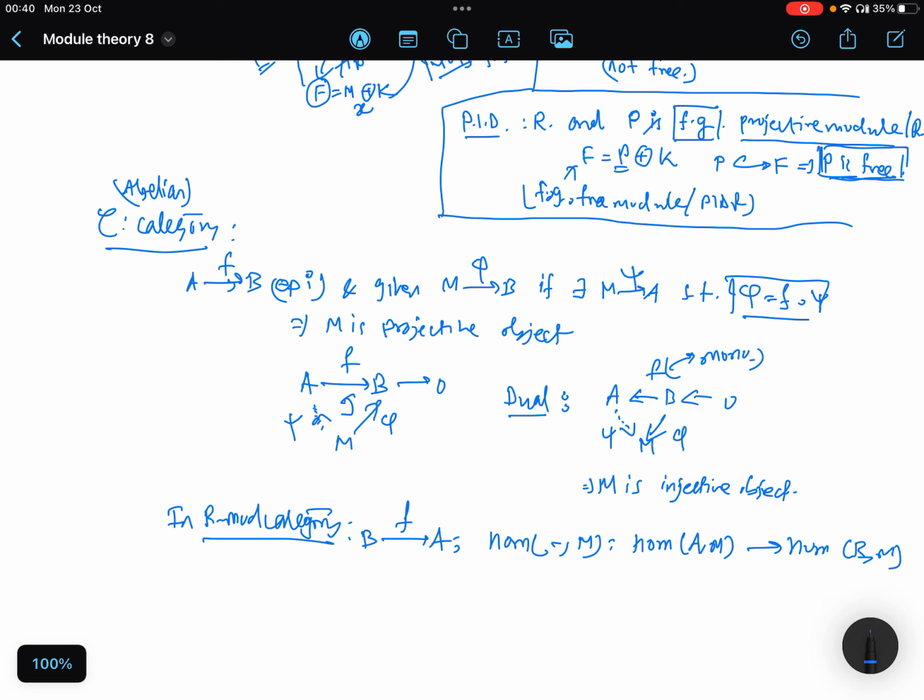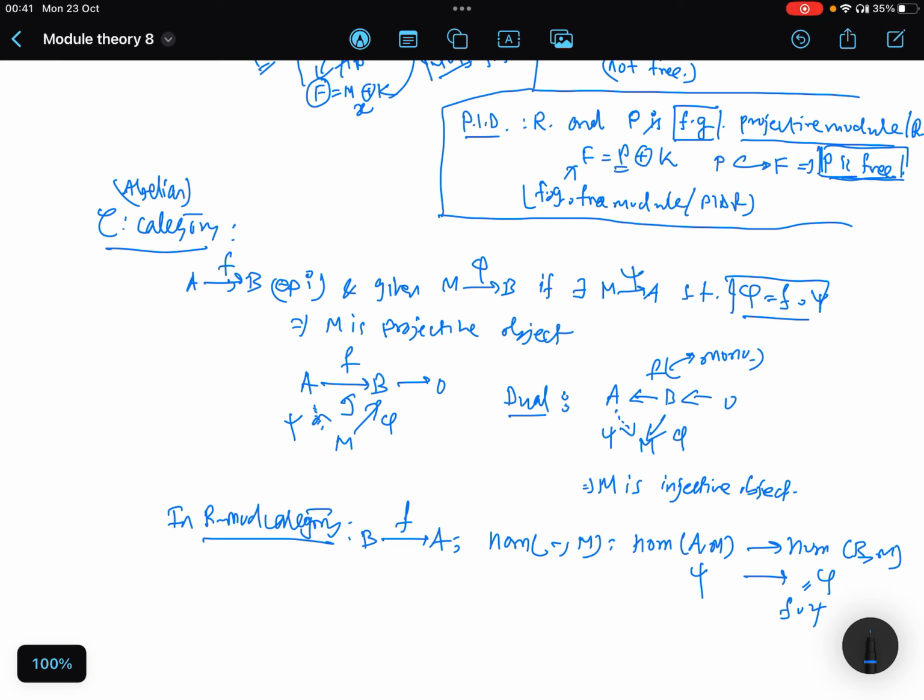So this is surjective, which means this functor is exact, meaning it is right exact, because any Hom functor is always left exact as well. So given an injective map from B to A and any phi from B to M, you can lift it up to psi, such that composing psi with the map gives phi. So yeah, that is an injective module.